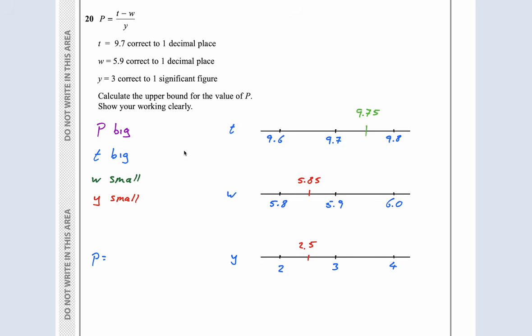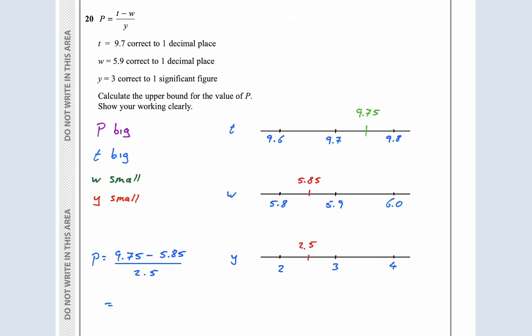Therefore, p equals the big t, 9.75, minus the small w, 5.85, and then divide by the small y, which is 2.5.